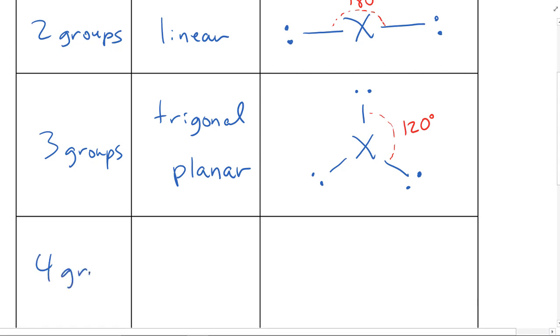If we go on to 4 groups, again I'm going to bring another balloon into this arrangement. I'll tie this up here and put this into the mix, trying not to get the rest of them to fall apart.